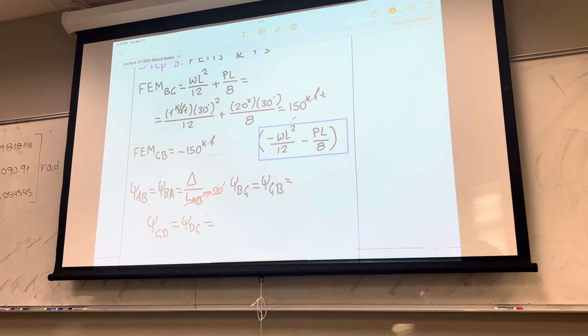So delta B cannot move vertically, delta C cannot move vertically, so this is 0. And then psi CD equals psi DC is equal to delta divided by L CD, and L CD is equal to 30 feet. Or we can write it as 2/3 of psi AB.